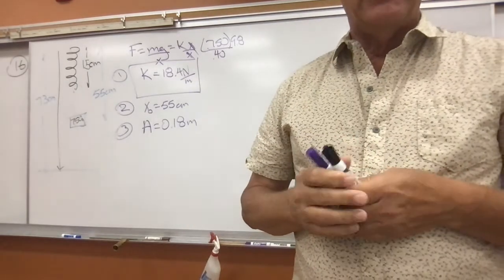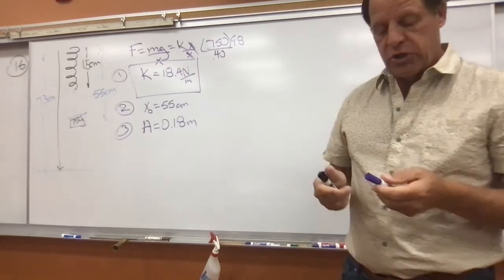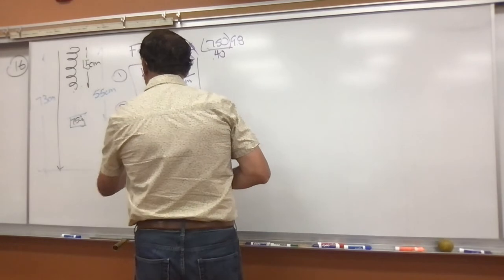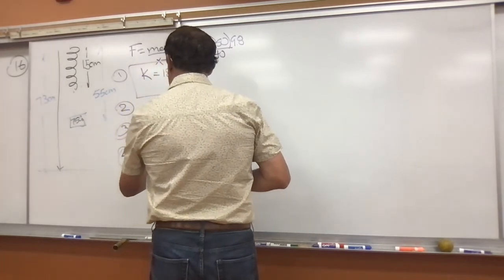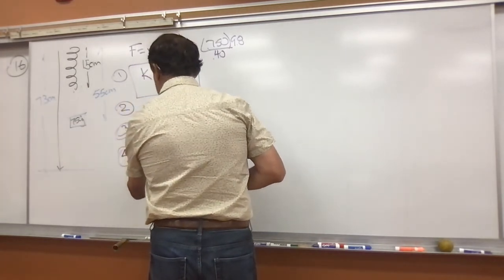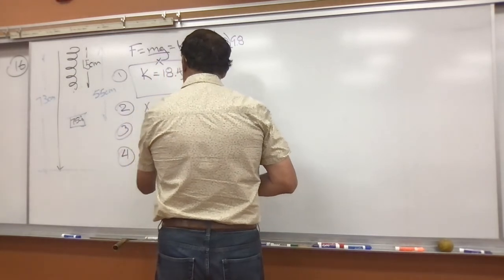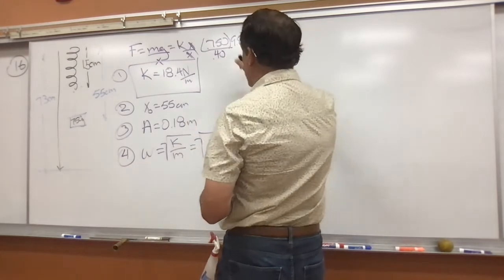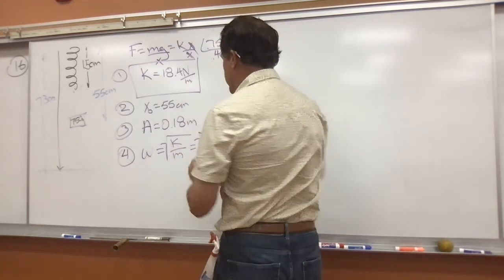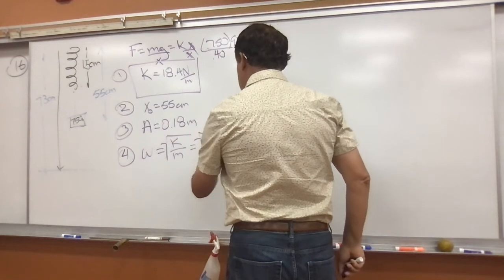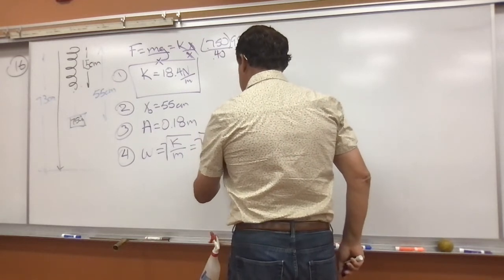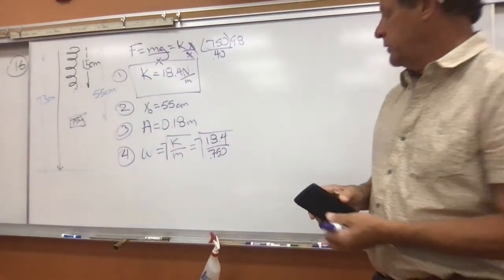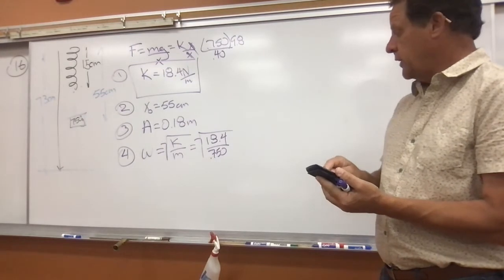Now we want to determine the angular frequency. This is much easier than it might sound. So number four, you may remember that omega, our angular frequency, is equal to the square root of k over m, which is going to be the square root of our spring constant, 18.4, divided by our mass, which is 750 grams, or 0.750 kilograms.